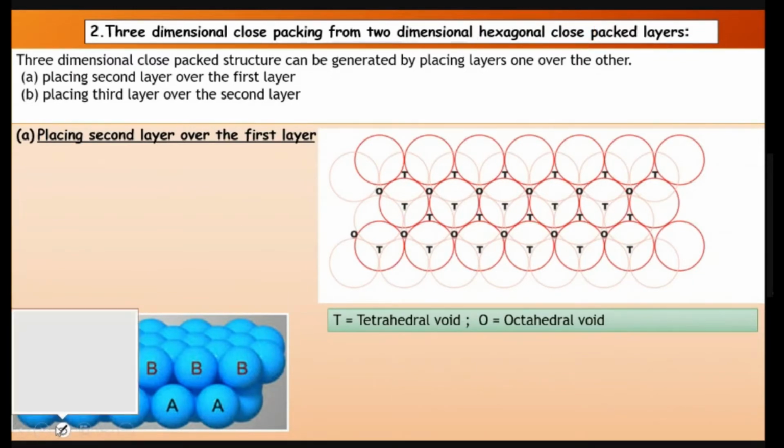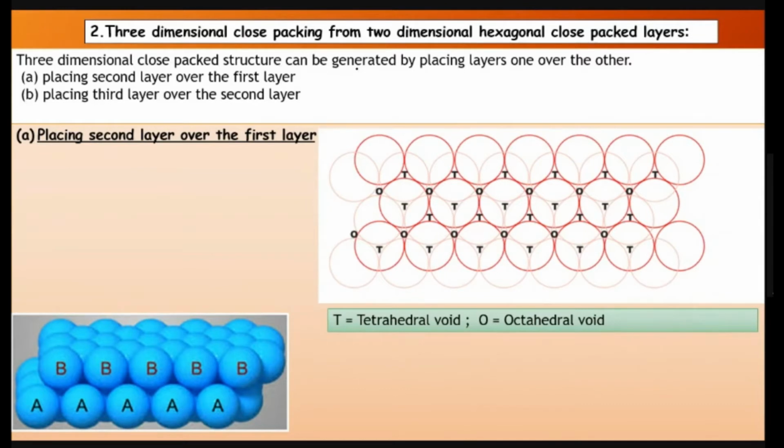A three-dimensional close packed structure can be generated by placing the layers one over the other, that is, by placing the second layer over the first layer and the third layer over the second layer. Here you may get a little bit of confusion, so we'll try to understand.